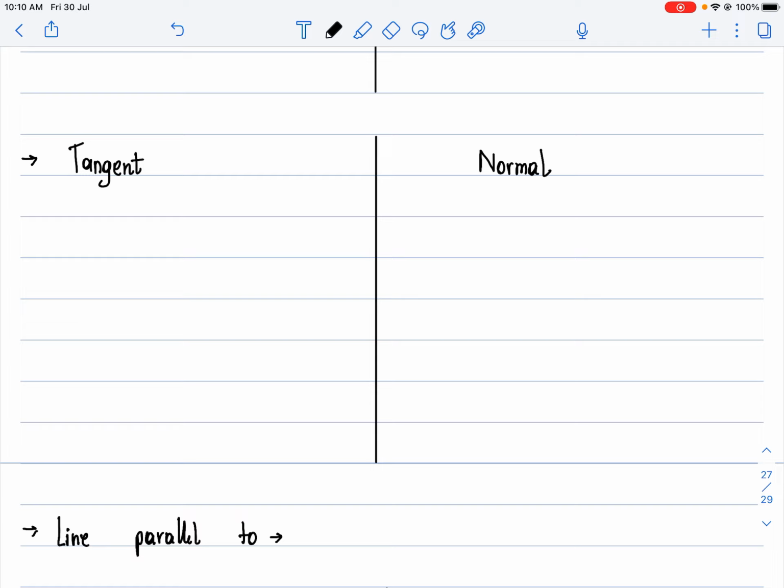So when you normally calculate your dy by dx, you basically obtain your tangent, the gradient of the tangent. And let's say if the gradient of my tangent is m, then the gradient of the normal is minus 1 over m.